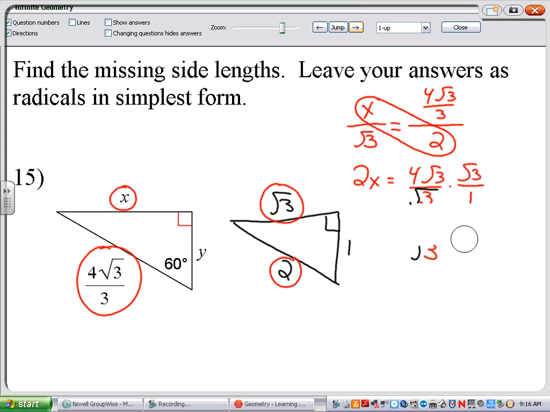Let's go all the way back to the beginning. I hope you guys have good erasers. 4 square root of 3 over 3. Nope. This needs to be a 3.